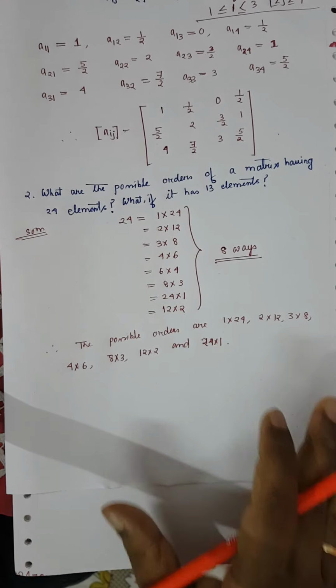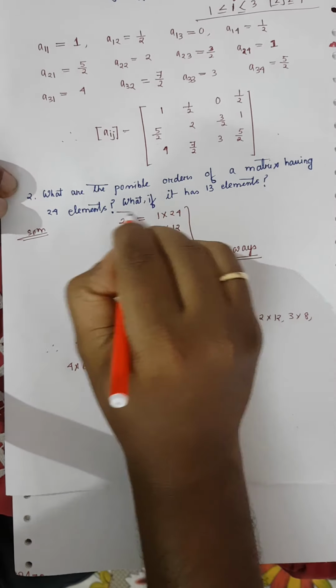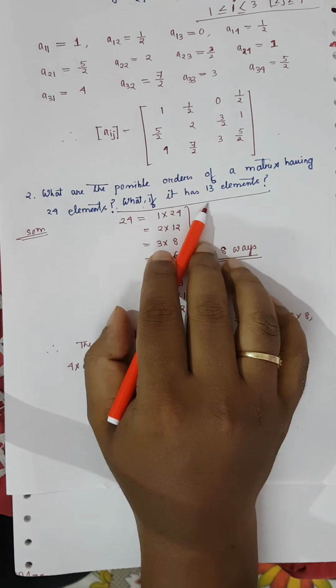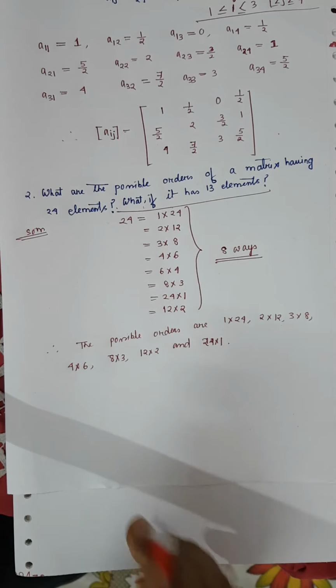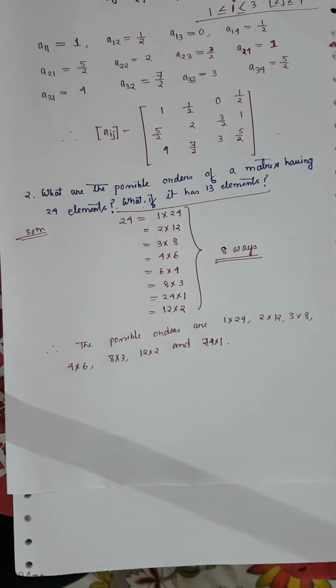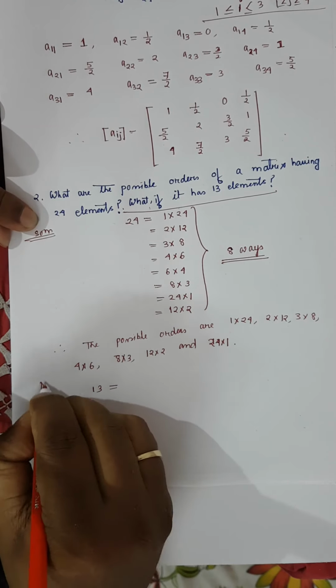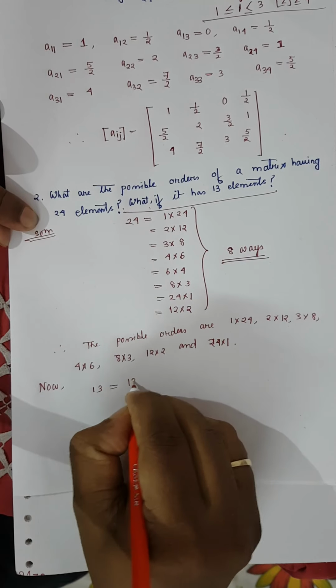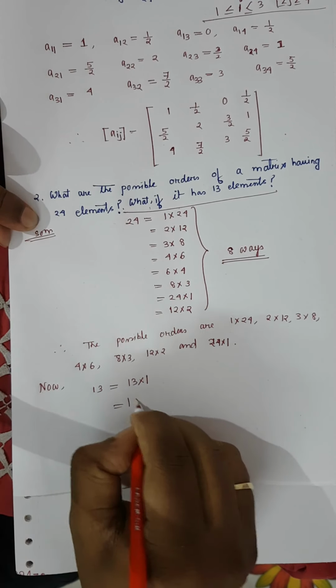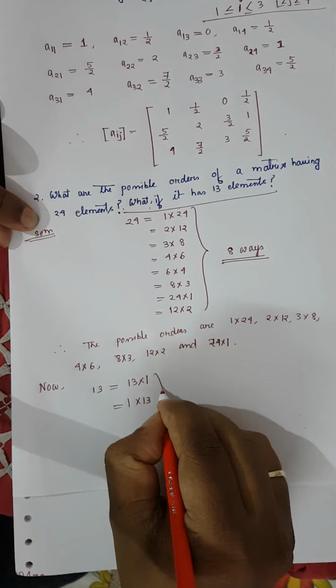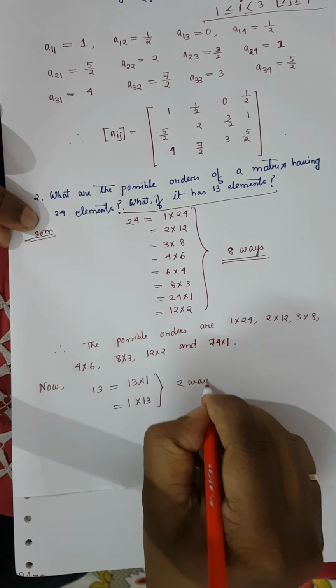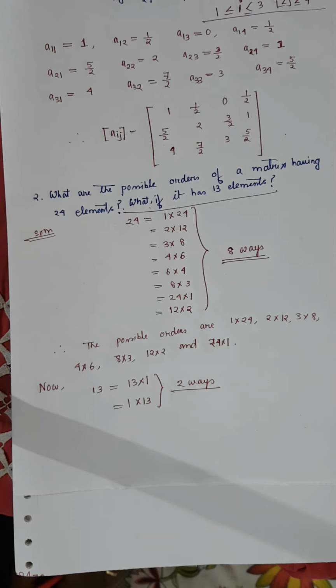Now the question has a second part. What if it has 13 elements? Now when the matrix has 13 elements, I can write 13 is equal to 13 into 1 or 1 into 13. So there are only 2 ways in which we can arrange these 13 elements, either in a row matrix or in a column matrix.